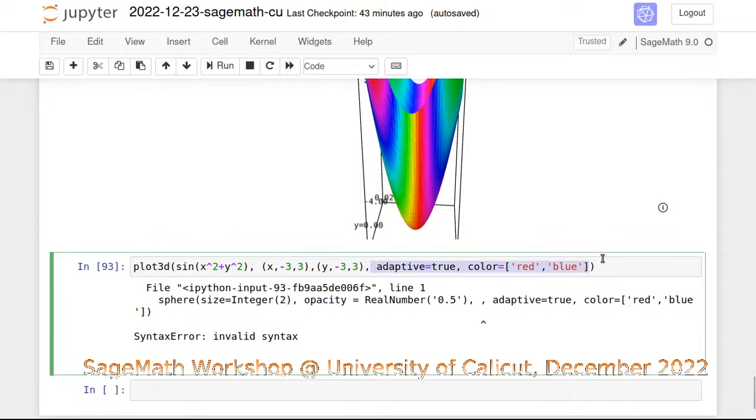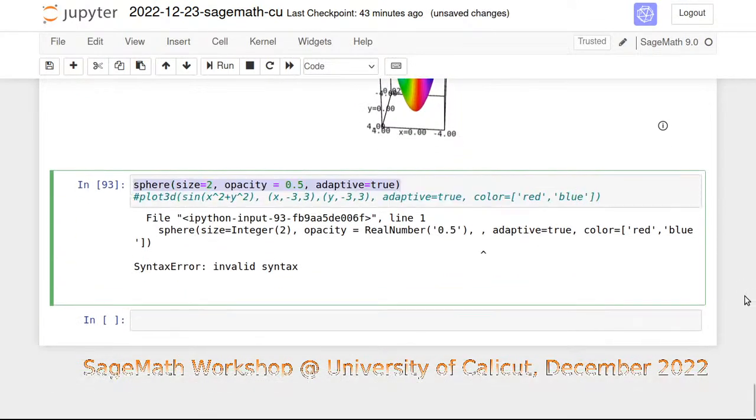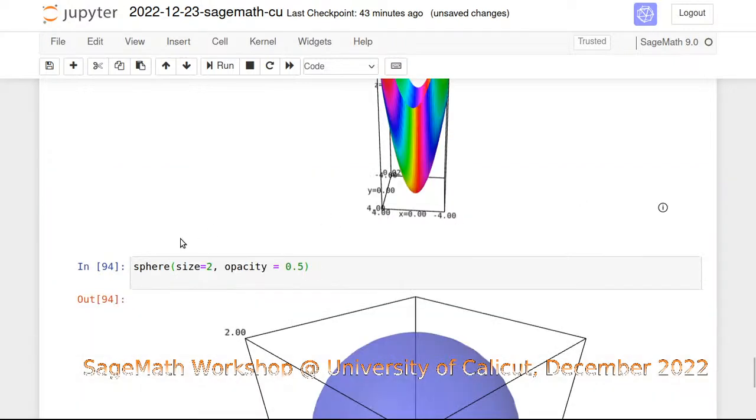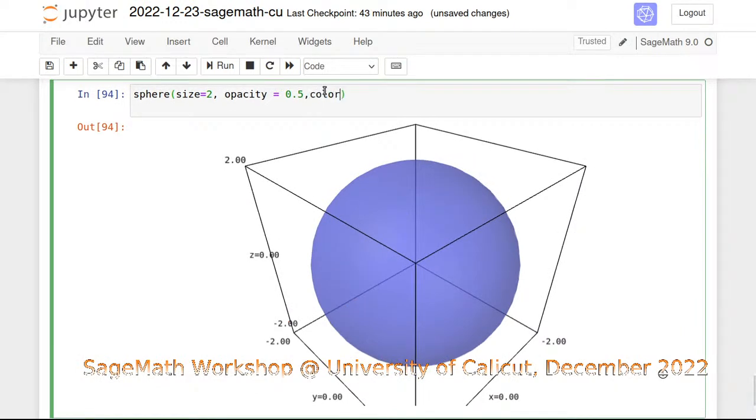Sorry, this is working, but what was that? The sphere one is not working. And color equal to is working, but with a single color.